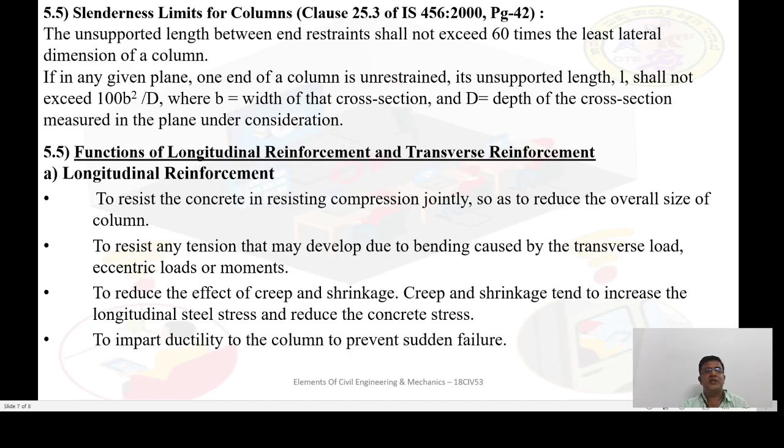Second, to resist any tension that may develop due to bending caused by transverse loads, eccentric loads or moment. Third, to reduce the effect of creep and shrinkage. Fourth, to impart ductility to the column to prevent sudden failure.